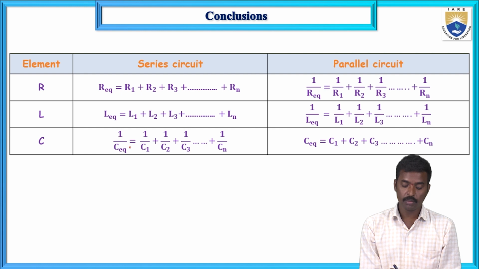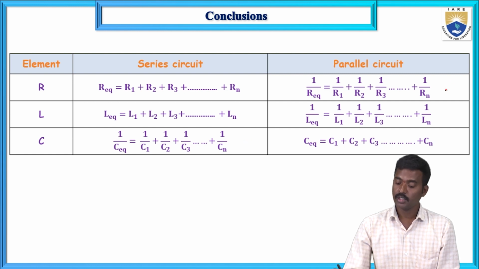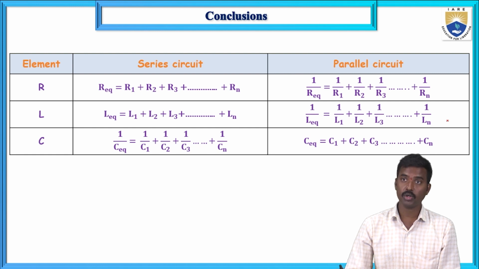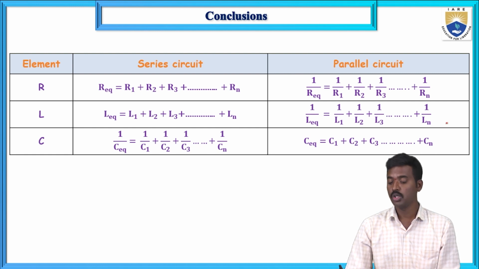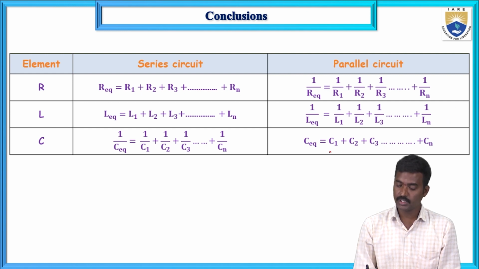For series capacitors, the reciprocal of the equivalent capacitance equals the sum of the reciprocals of the individual capacitances. For parallel resistors, the reciprocal of the equivalent resistance equals the sum of the reciprocals of the individual resistances. For parallel inductors, the reciprocal of the equivalent inductance equals the sum of the reciprocals of the individual inductances. For parallel capacitors, the equivalent capacitance equals the sum of the individual capacitances.